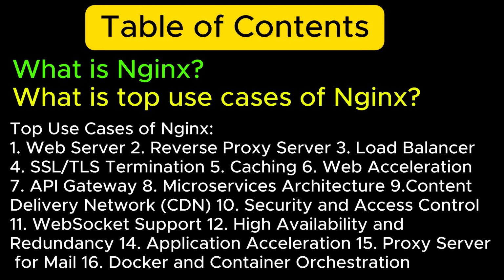Another use case, which most of the time we use, is API gateway. We will do a practical example of how to use Nginx as an API gateway. If we have a microservices architecture, then how can we implement it with Nginx?